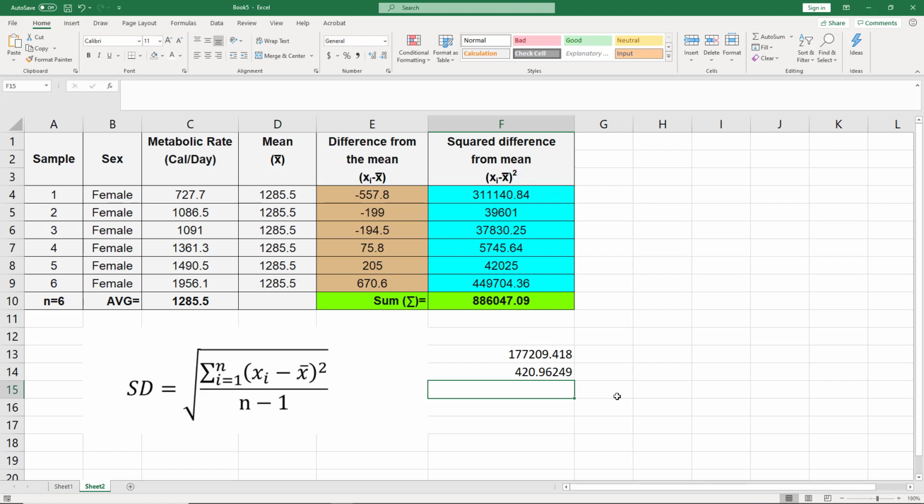So my average, right, and try to make sure that this makes sense. My average is 1,285.5, and then it's plus or minus 420, well, I'm just going to say 421.0 here.